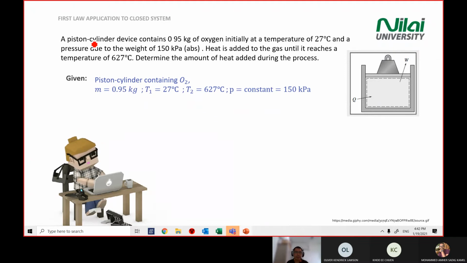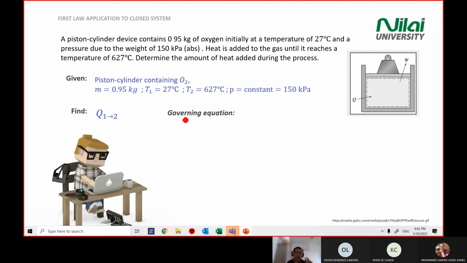And our pressure is constant. Given here is 150 kilopascal. So what do we need to find? We need to find the amount of heat, which is our Q in the process. The next question you need to ask yourself is, what is this question related to? Which chapter?